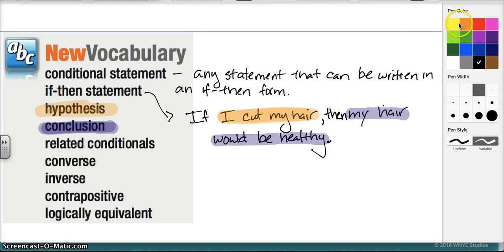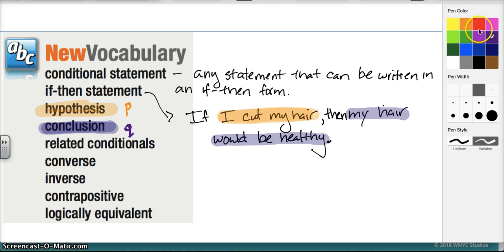I'm going to further simplify this by telling you that we're going to use P to refer to our hypothesis, and we will use Q to refer to our conclusion. And that's going to help me out in the next set of definitions.